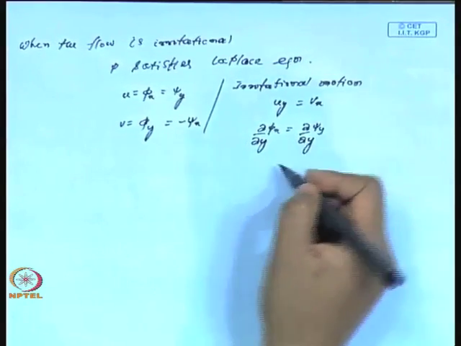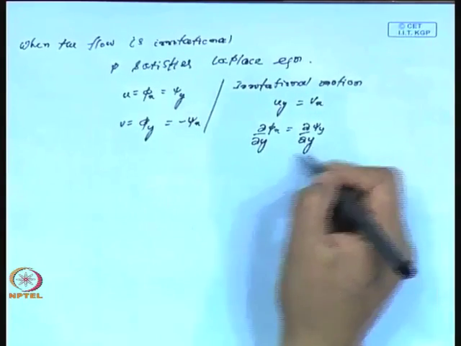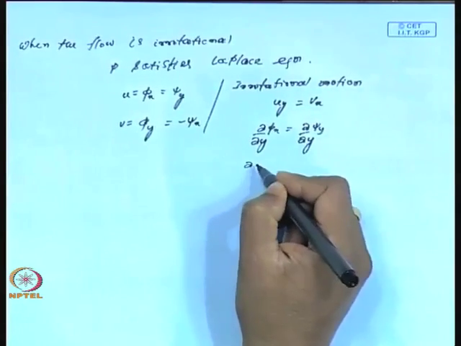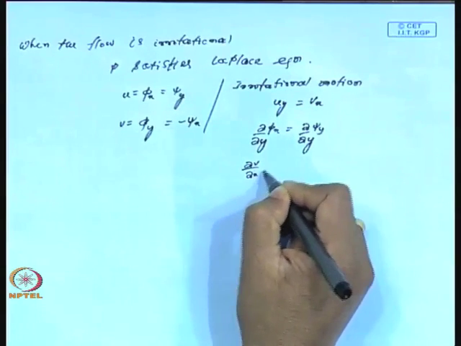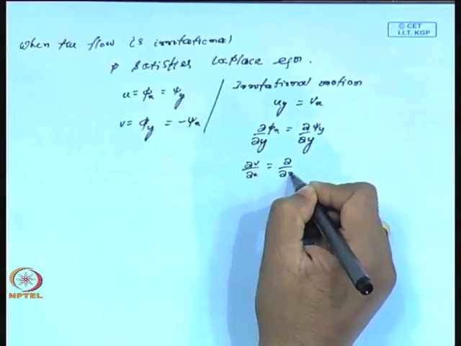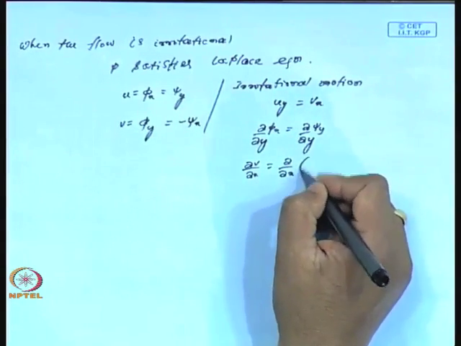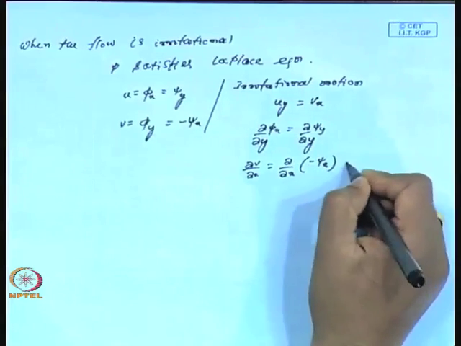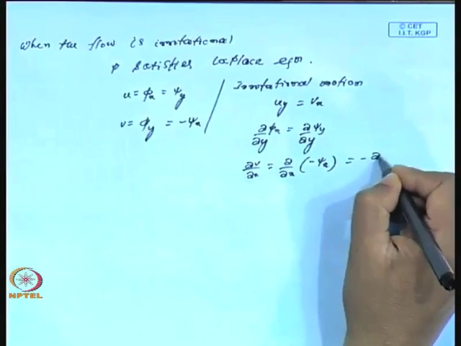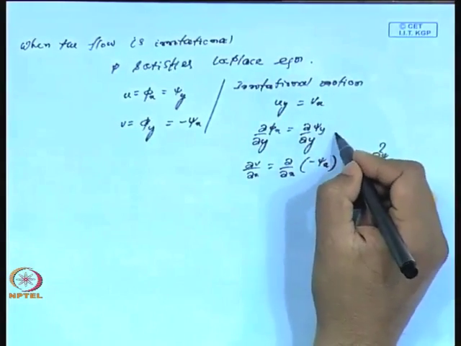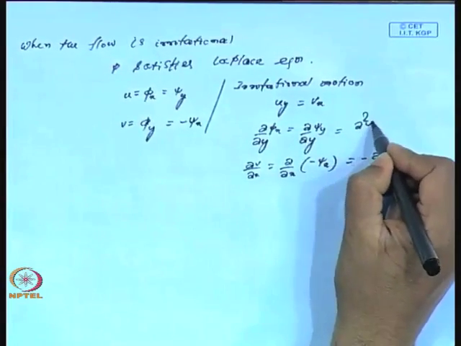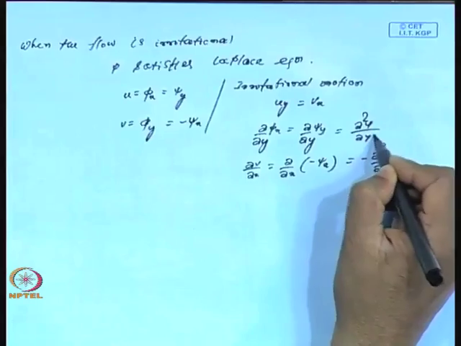and again further we have v x is del v by del x, we have v is minus psi x. So, this is equal to minus del square psi by del x square, and this is also equal to del square psi by del y square.